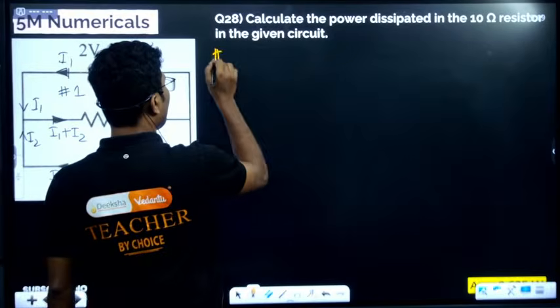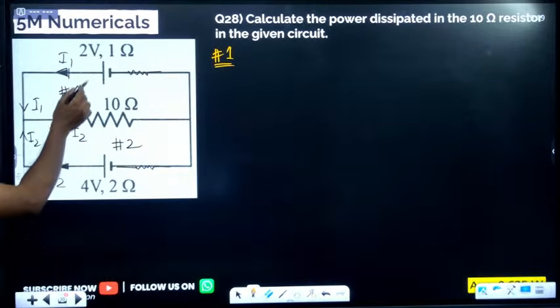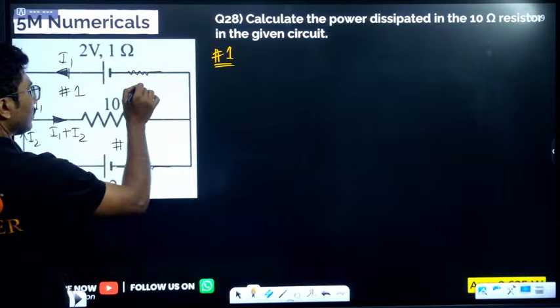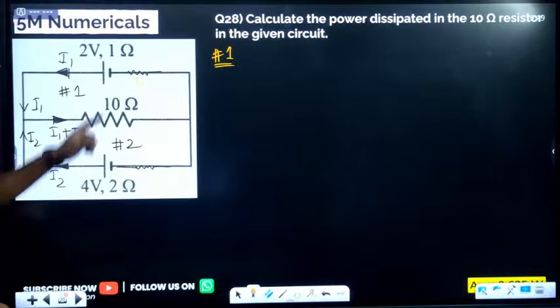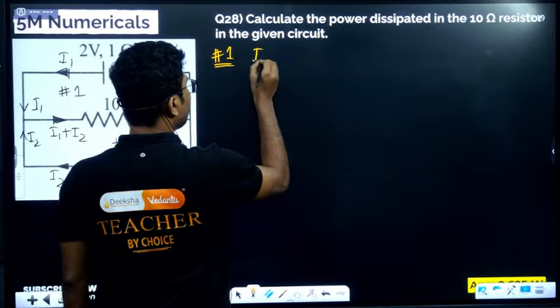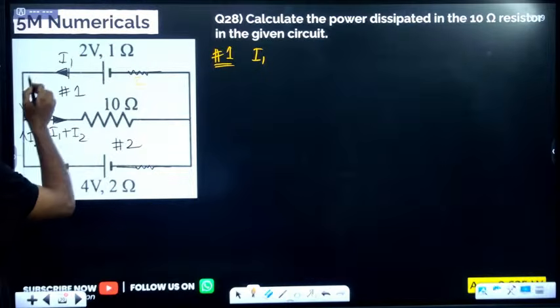Loop number 1. Okay, for loop number 1, this is the current I1. So I1 must be passing through this internal resistance as well. So I1 into 1, that is I1, and we are going in the direction of current.